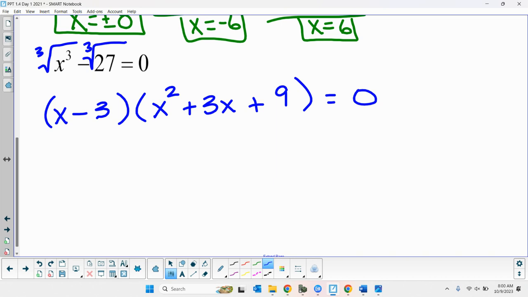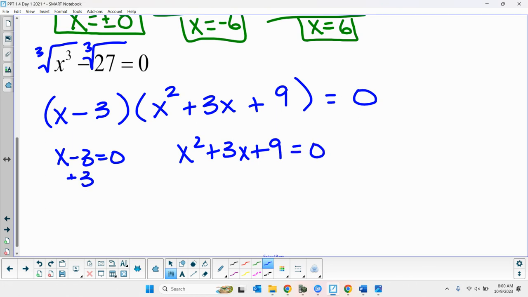this won't factor anymore. Okay, so I just set them equal to 0, to finish up. This one I'm just going to add 3. So one of my answers is 3. How am I going to get this one if it won't factor?